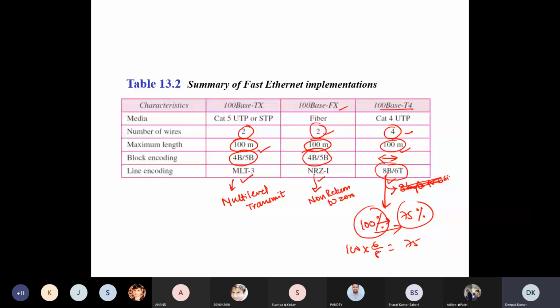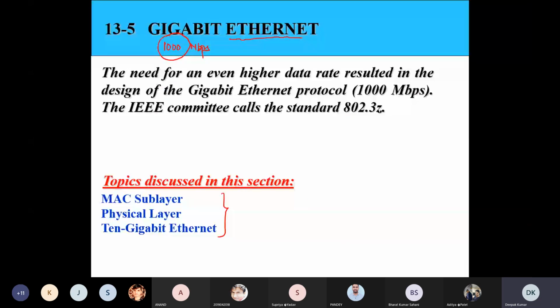Here also, to improve the network efficiency, changes are made at the MAC layer and physical layer, mainly the physical layer only. And at the physical layer, as we have already seen, one improvement can be done by changing the topology.